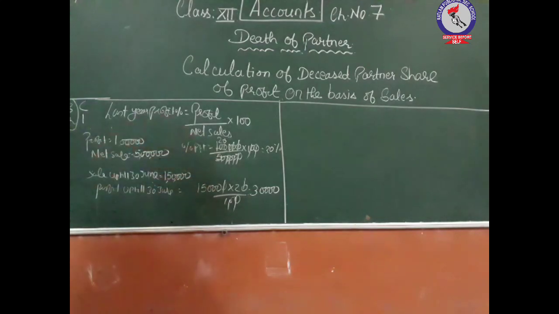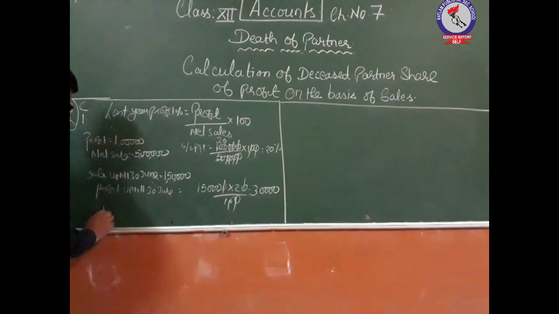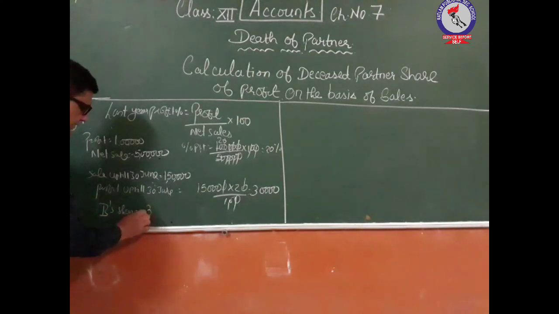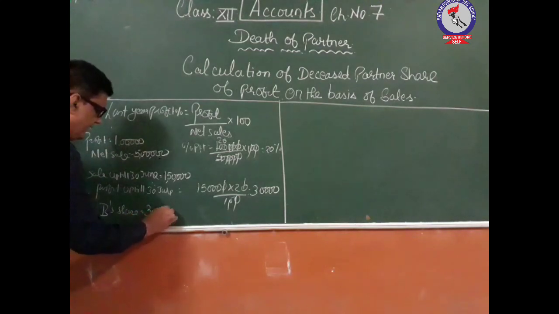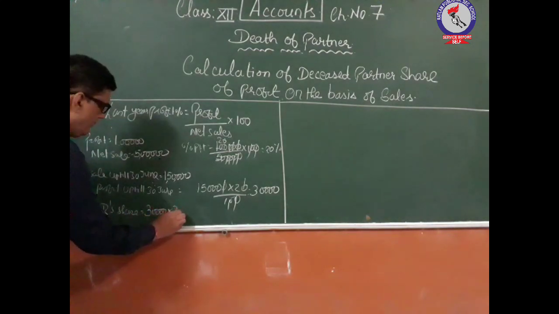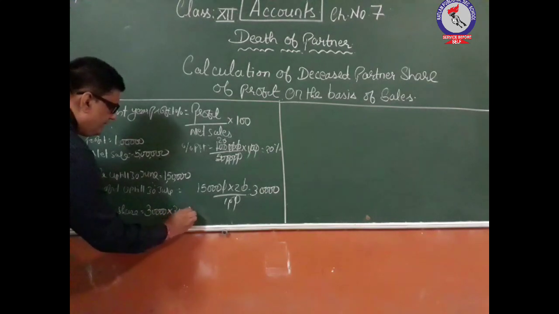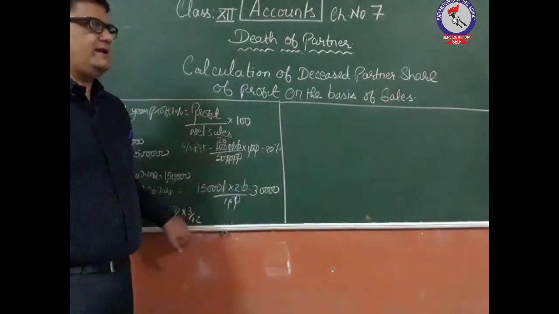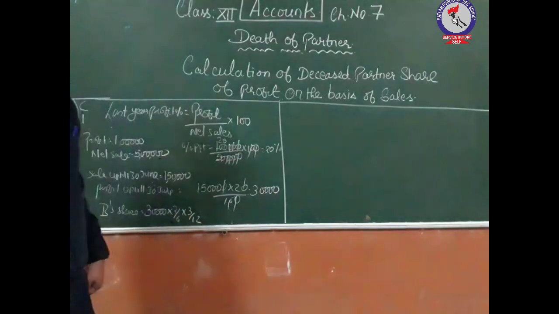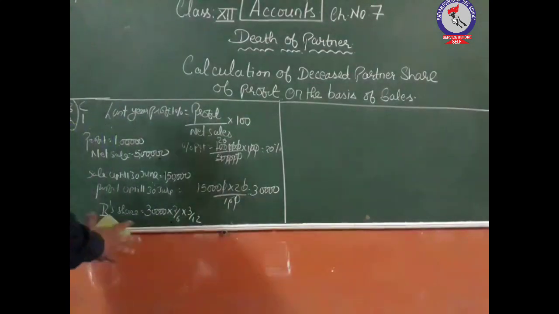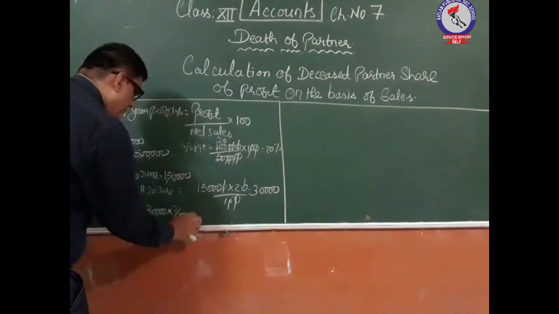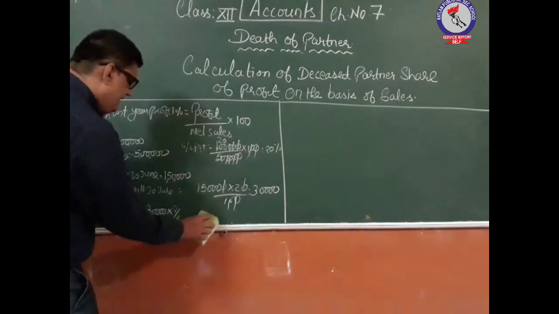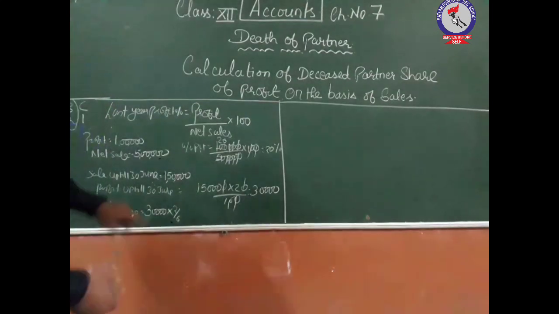That is the profit for the firm, and we have to find out B's share of profit. So B's share will be 30,000 into 2 by 6 and into 3 by 12. 2 by 6 is the share of profit. 30,000 is the firm's profit up till now, so in this case there will be no time-bound calculation, because we already have the profit of these 3 months only.